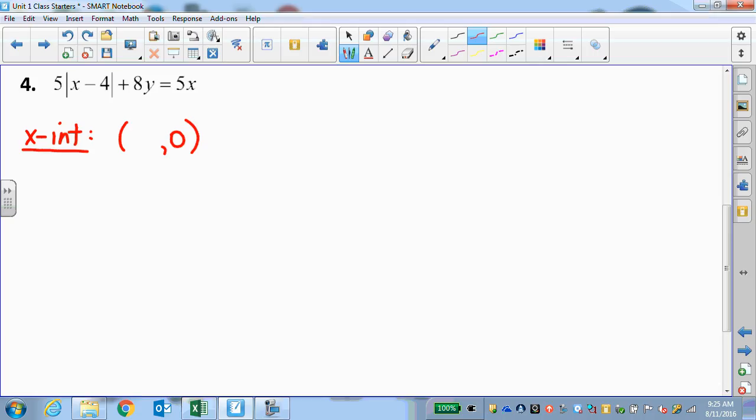And when I plug in 0 for y, I'm going to get 5 times the absolute value of x minus 4 plus 0 equals 5x. Solving an absolute value equation. Get the absolute value by itself. So divide by 5. Absolute value of x minus 4. 5x divided by 5 is just x.